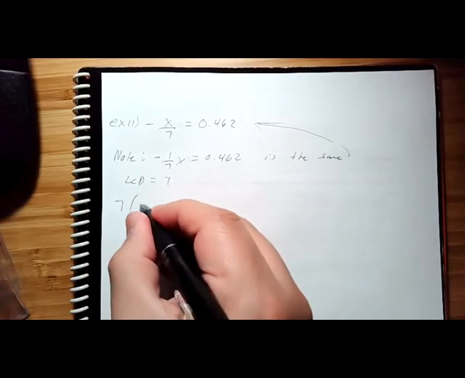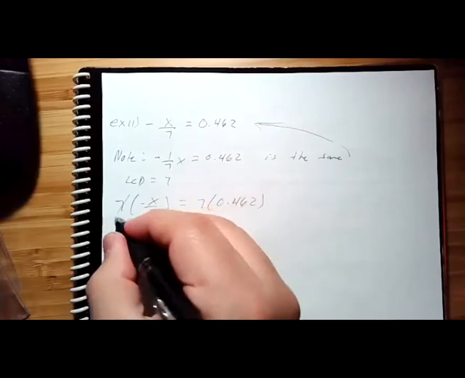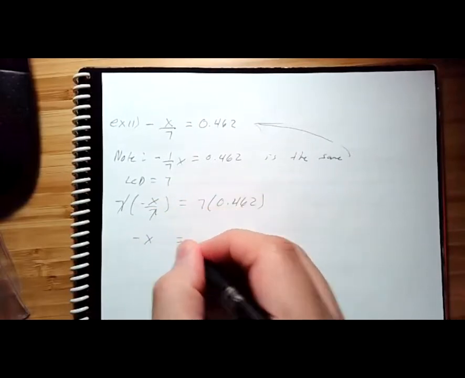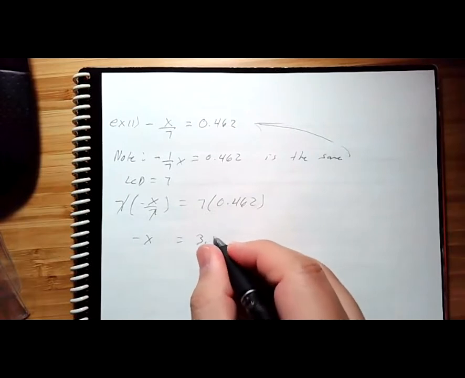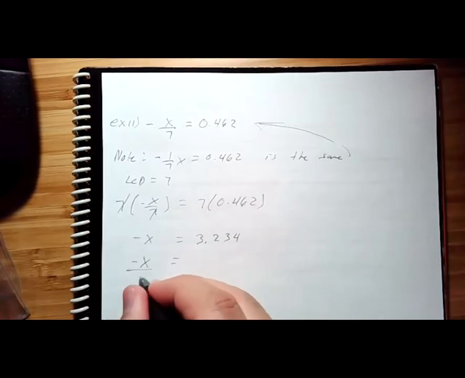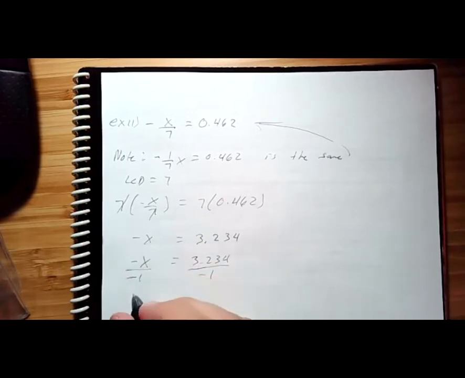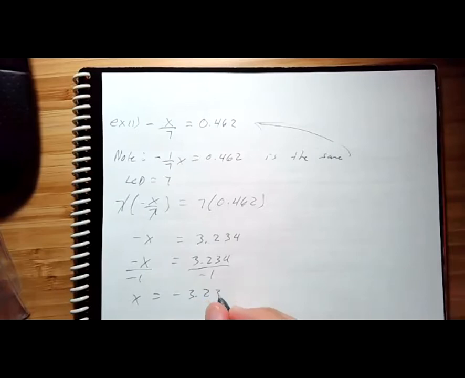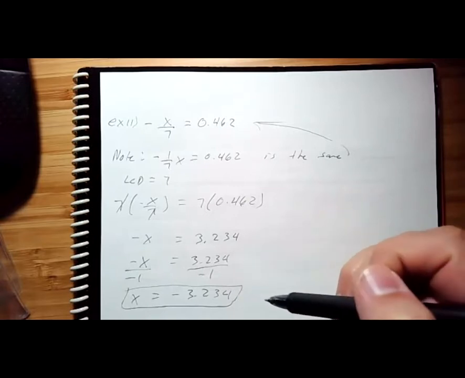So 7 times everything gets rid of that guy, gives me -x equal to... then you have to divide by negative. See how we have to do it anyway? So x will be -3.234. You could have just done one step, but it's okay to do it in multiple.